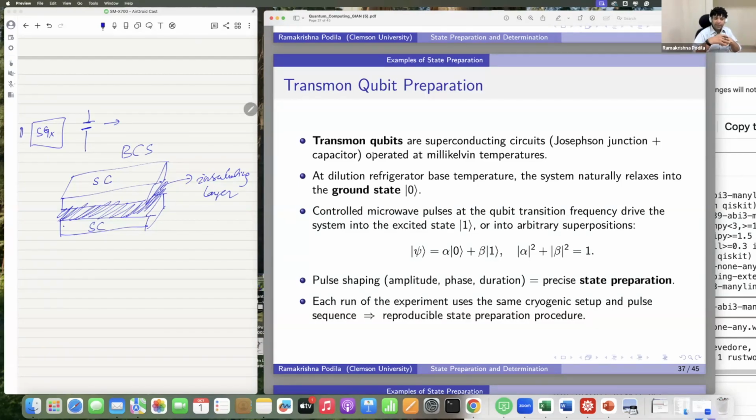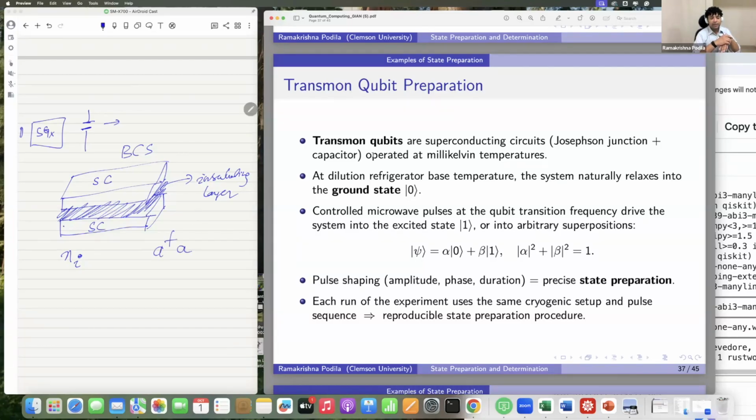Below the superconducting temperature, you have Cooper pairs, right? You can count the number of Cooper pairs. How many Cooper pairs are there? So the number of Cooper pairs in each one, you can say, is N_i, right? So you can describe the state similar to a simple harmonic oscillator. If you recall what we did in the first two lectures, we talked about these operators like a dagger, a, right?